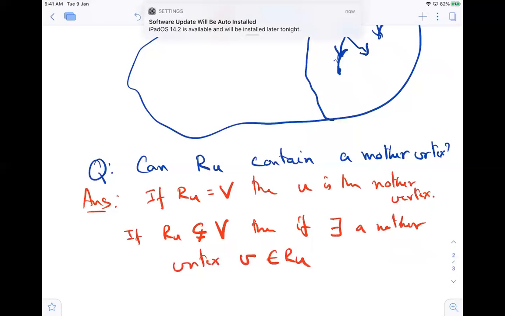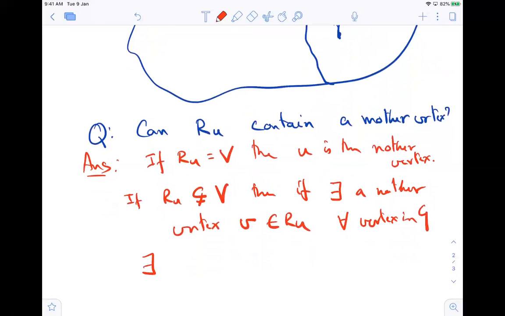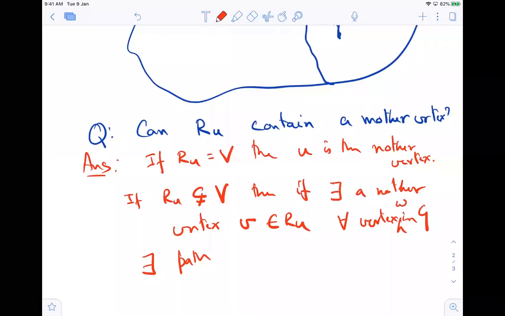That if there is a mother vertex V, then for all vertices W in G, there exists a directed path from V to W. That's by definition of a mother vertex.